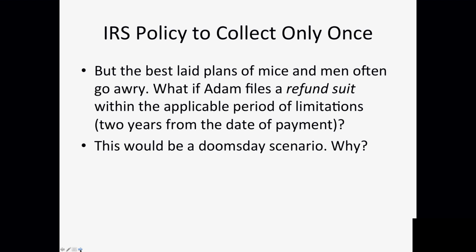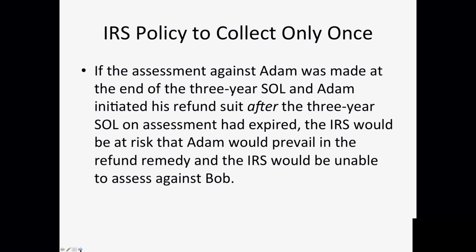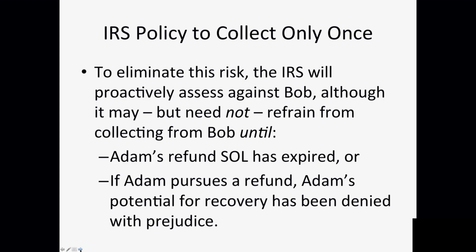So what if Adam files a refund suit within the applicable period of limitations? This would be a doomsday scenario. Why? If the assessment against Adam was made at the end of the 3-year statute and Adam initiated his refund suit after the 3-year statute on assessment had expired, the IRS would be at risk that Adam would prevail in the refund remedy and the IRS would be unable to assess against Bob.